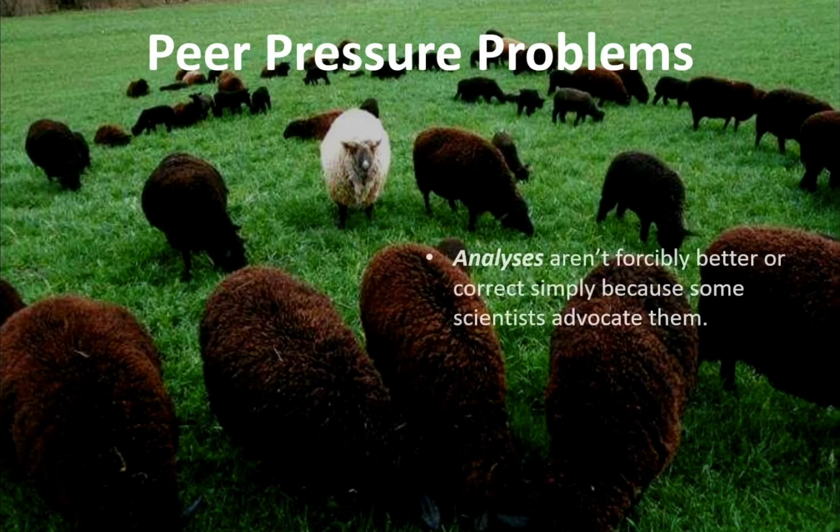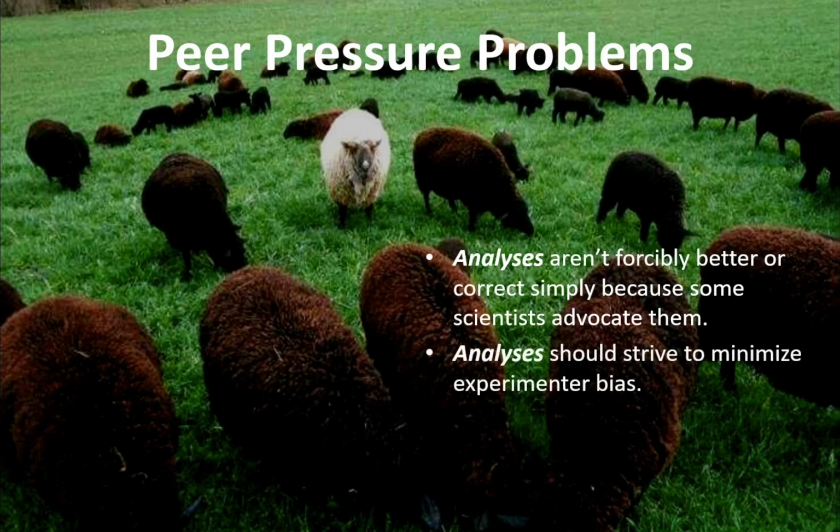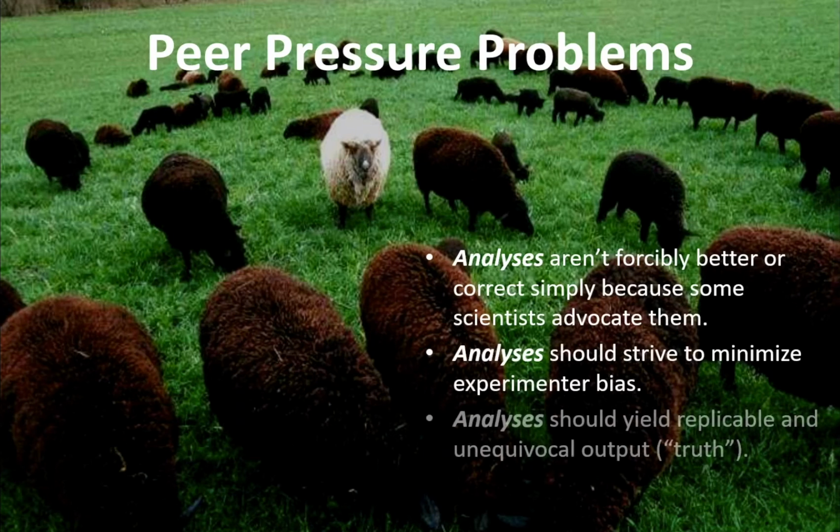And it should be obvious to people that analyses that somebody suggests aren't necessarily better just because somebody of prominence advocates them or because somebody says this is the way to do it. Instead, I would say that analyses should strive to minimize the experimental bias and should be replicable and hopefully unequivocal.